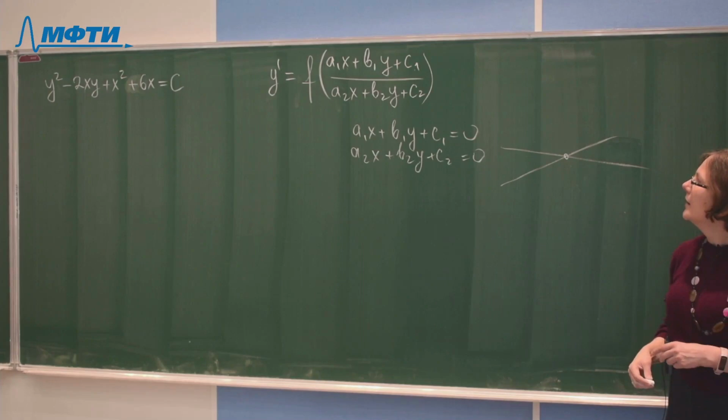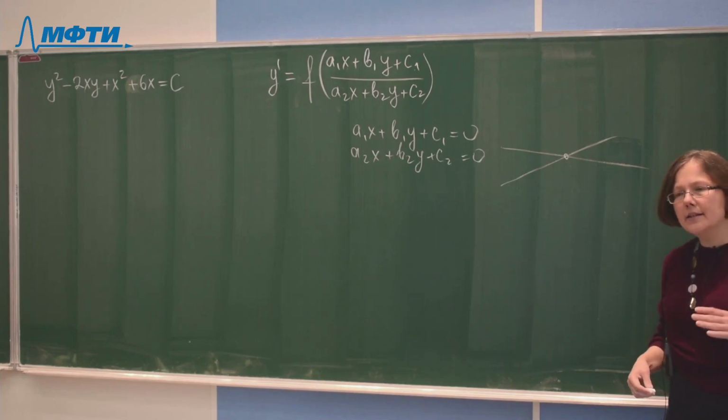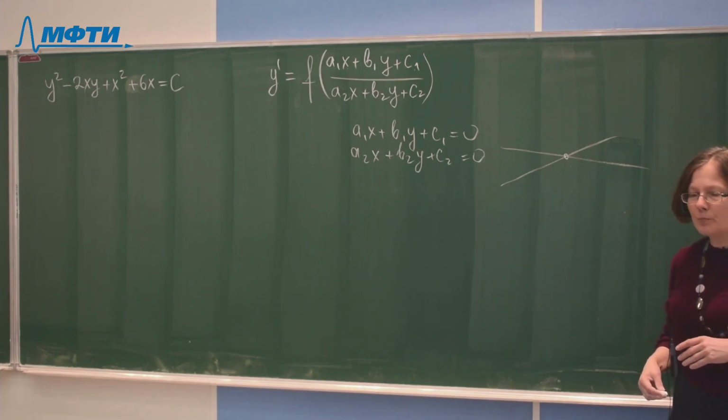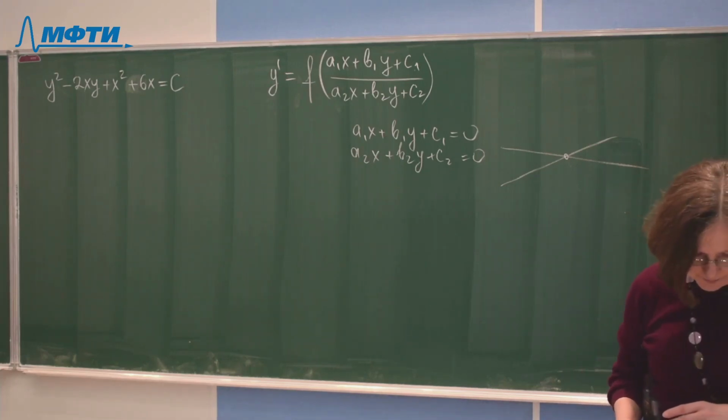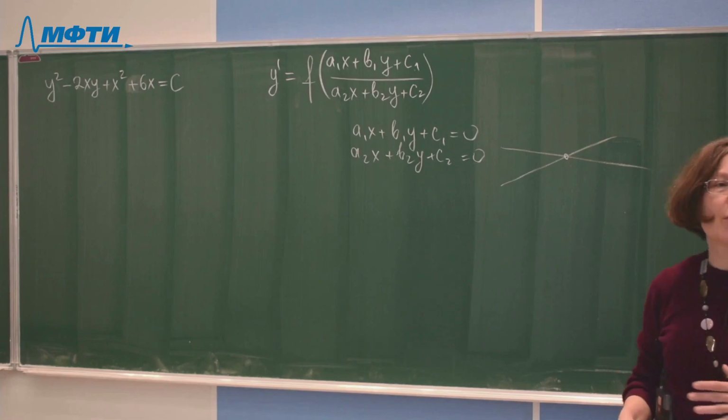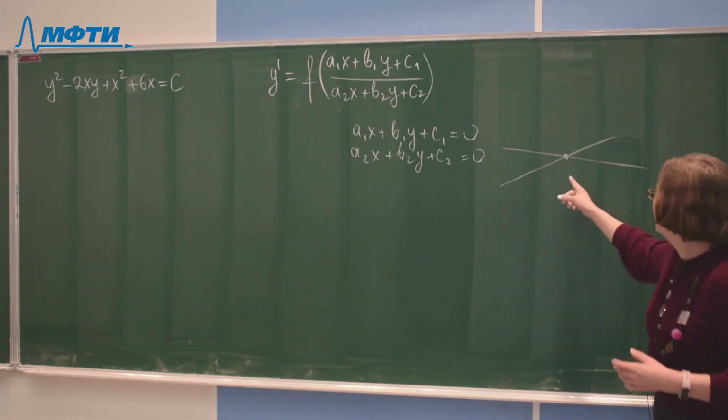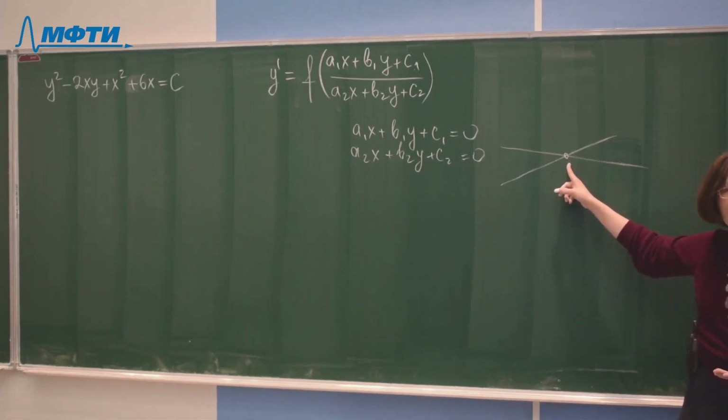And then in this case the method is to move the origin of the coordinate system to this point of intersection of lines L1 and L2. So this is L1 and this is L2.